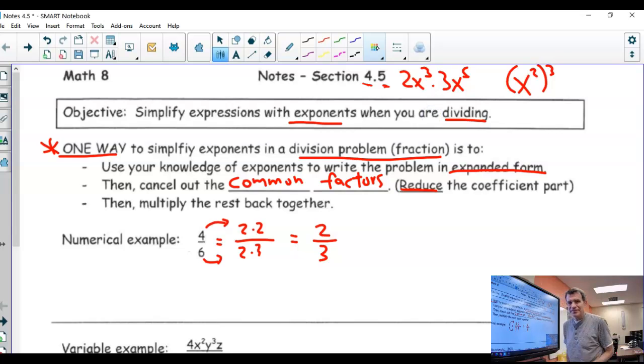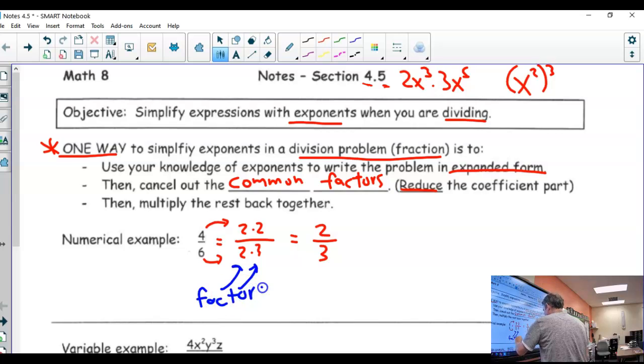Now, I talked about this in one of the classes yesterday, but when you are multiplying things together, those are called factors. Things that are being multiplied together are called factors.